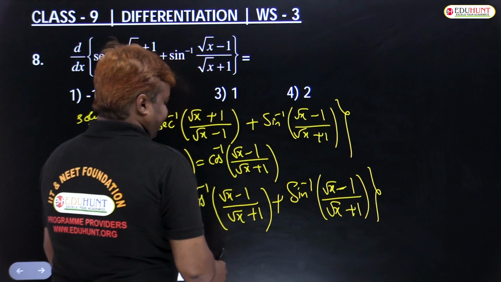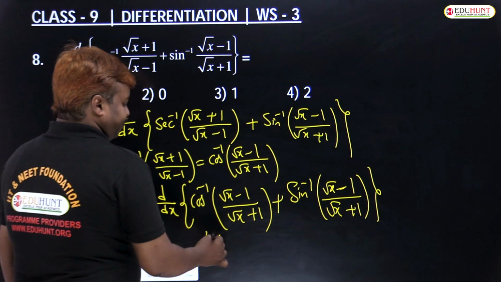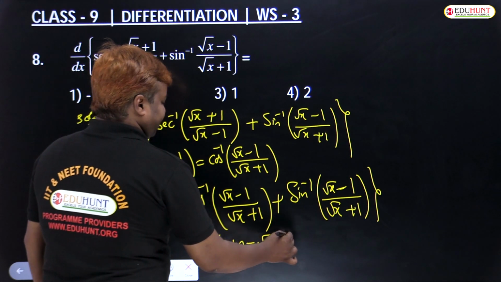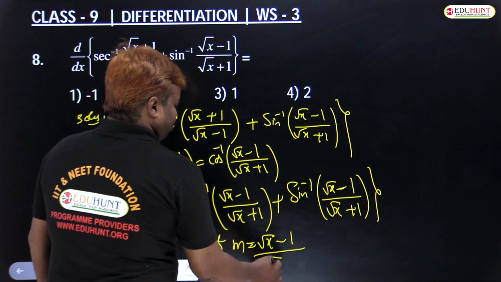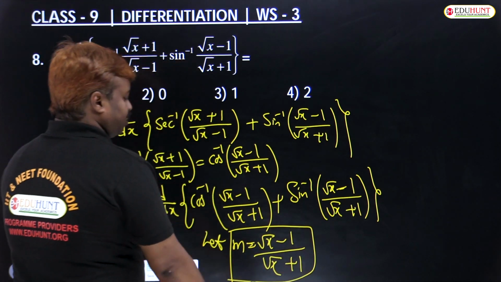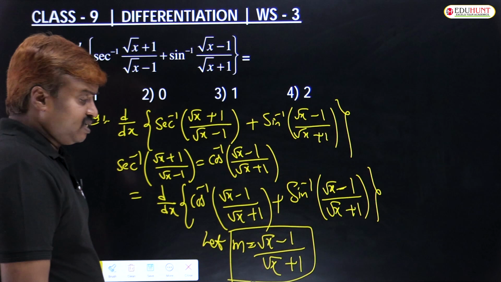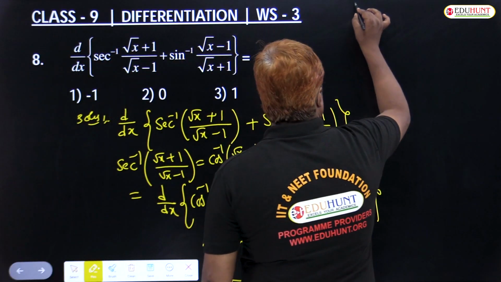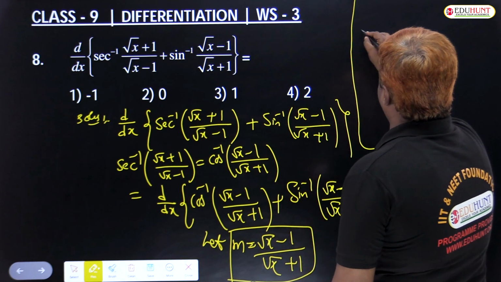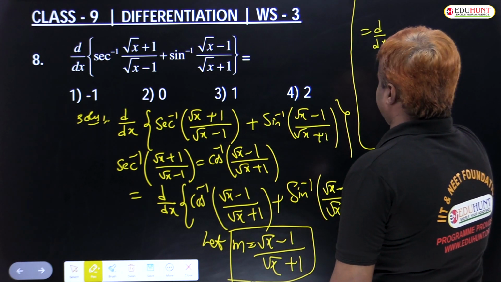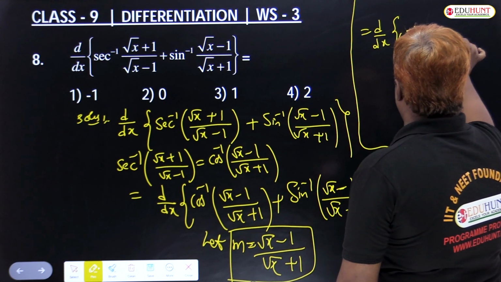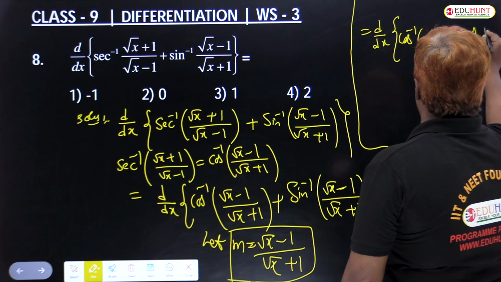So now let me take m equal to root over x minus 1 by root over x plus 1. Now d by dx of cos inverse of m plus sin inverse of m, children.